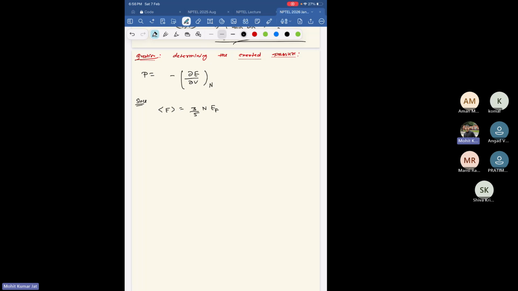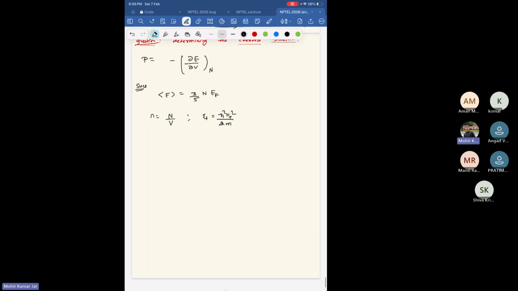Your carrier density small n you can write as n by V. Your Fermi energy you know is h bar square kf square by 2m, right? The kf you estimated earlier also.